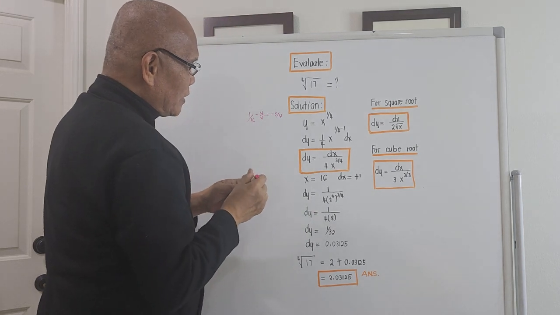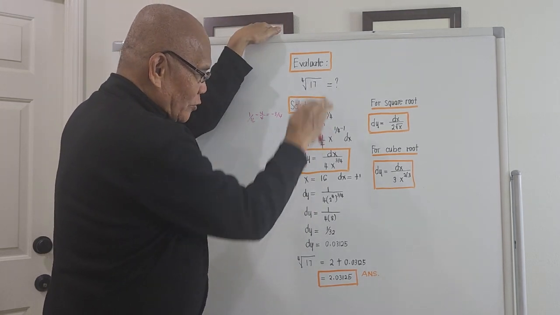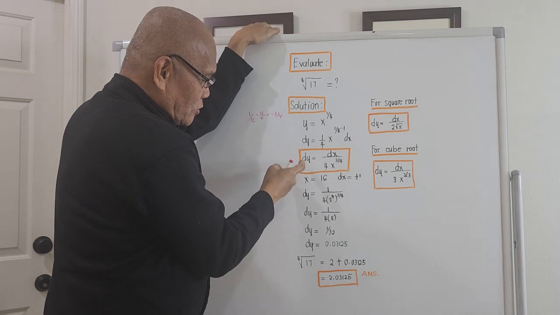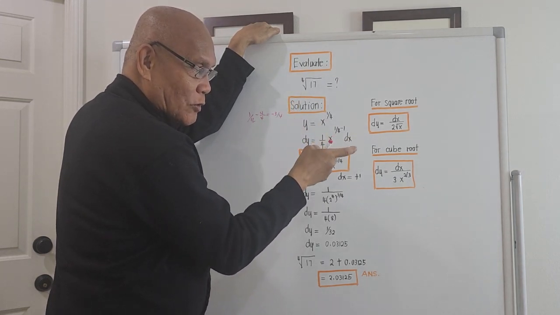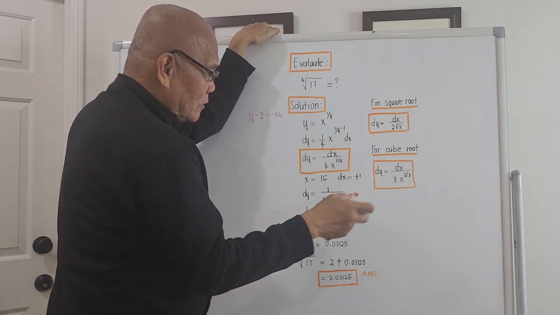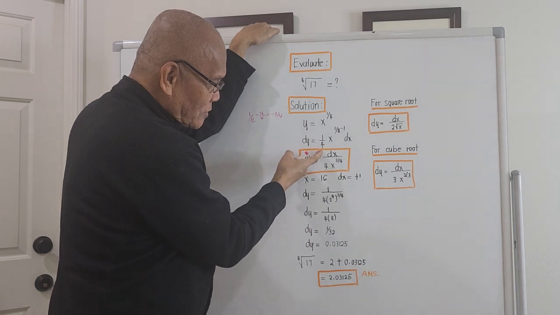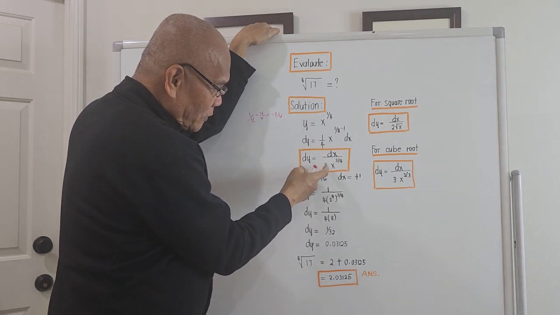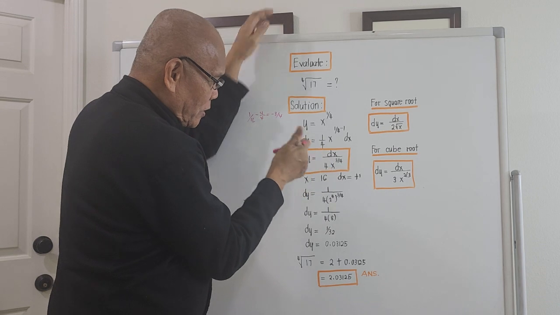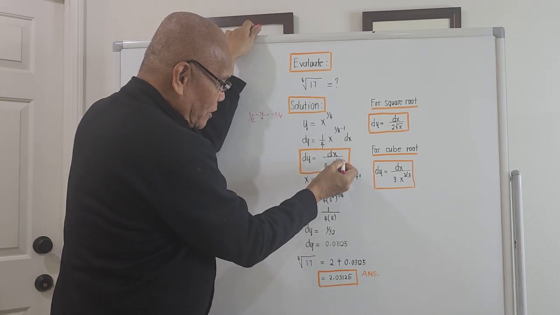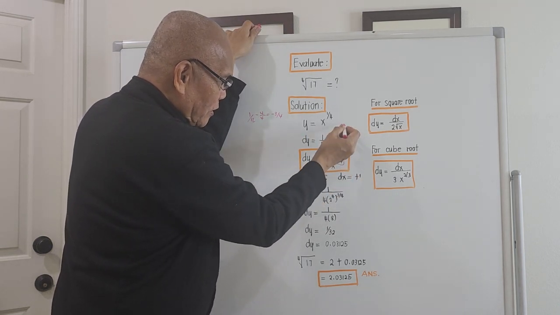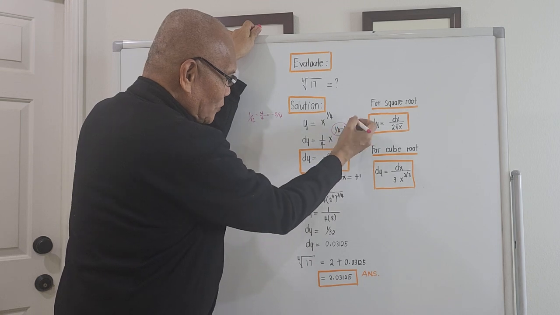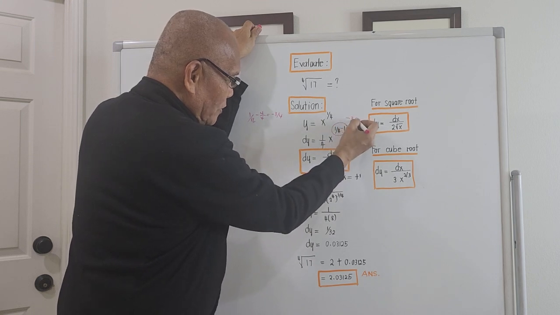So to eliminate the negative sign on the numerator, we bring it down. So the increment in the fourth root of any number will be equal to differential x all over 4 times x raised to the 3/4. These 3/4 here came from this because the difference of this is minus 3/4.